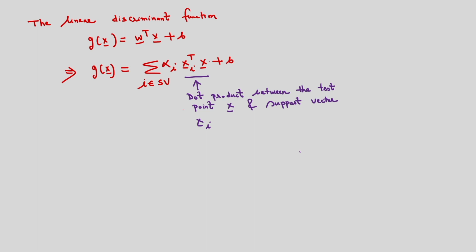We need to compute the dot product xi transpose xj between all pairs of training points.